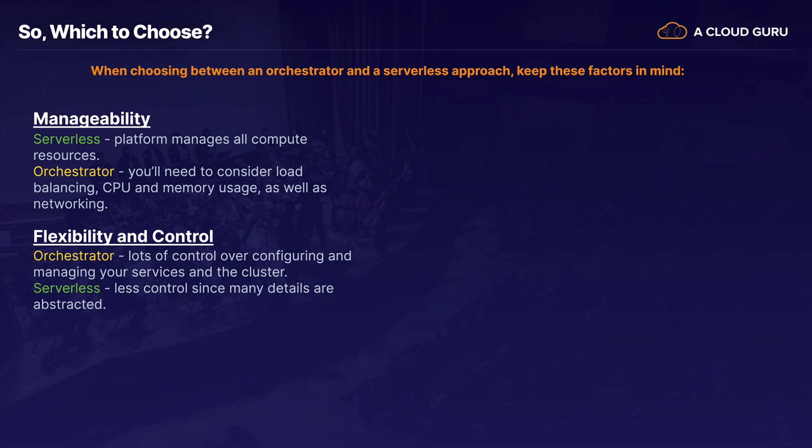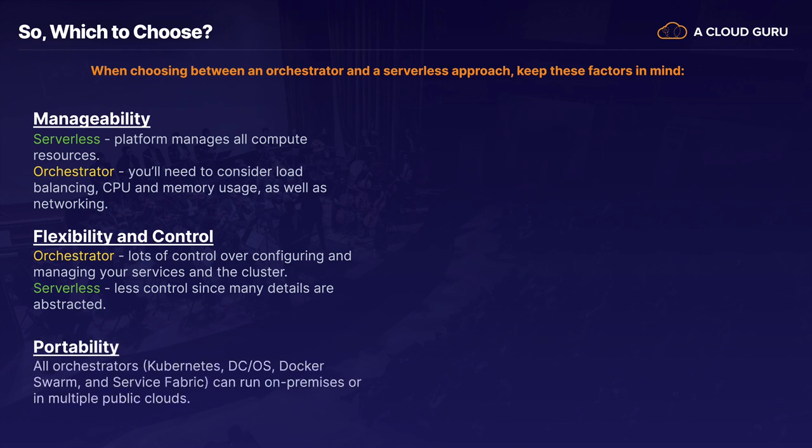So it's a question of, does the level of control for an orchestrator serve your uses, or are you better off with just running serverless? All of your orchestrators, be they Kubernetes, distributed cloud, Docker Swarm, or Service Fabric, can run on-prem or in multiple public clouds. Serverless, of course, does not allow that. You can strictly run it in the cloud, and that's it.